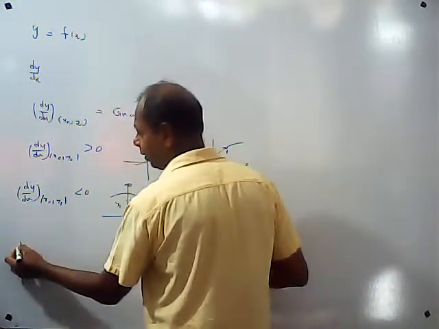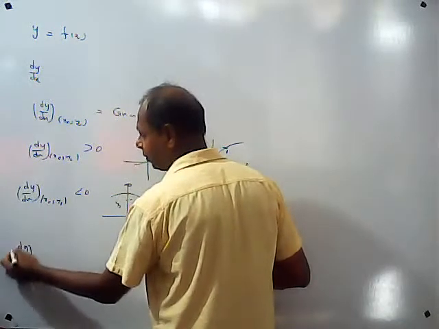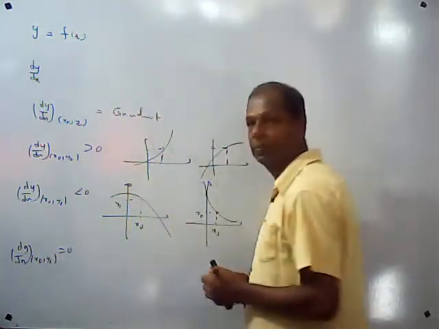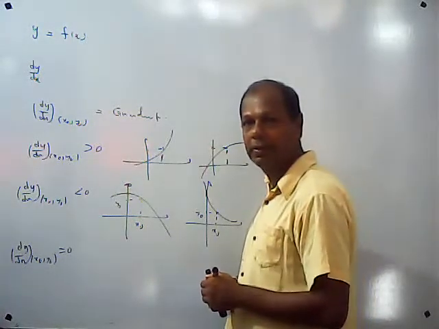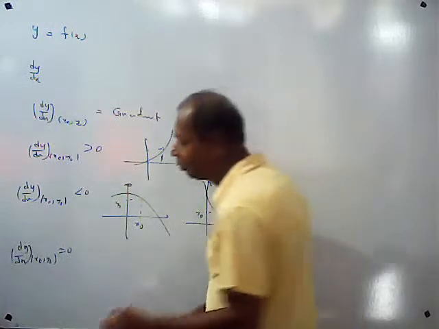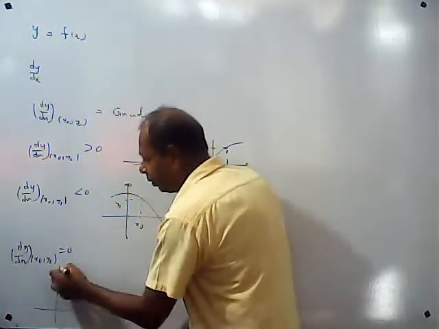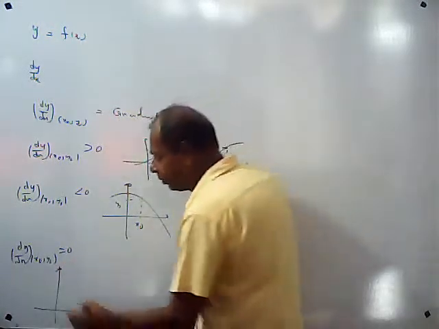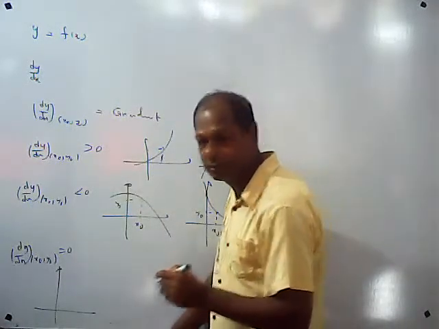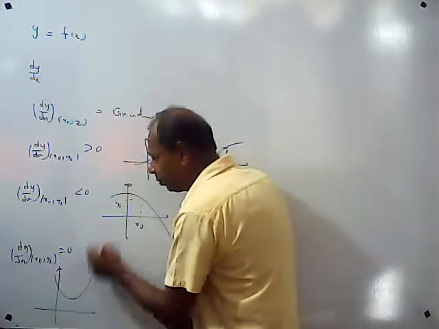Then we discussed the case where dy/dx at a particular point is equal to 0. We said there's a stationary point. This (x0, y0) is a stationary point. Except for the constant function, there are several possibilities. This is one possibility.